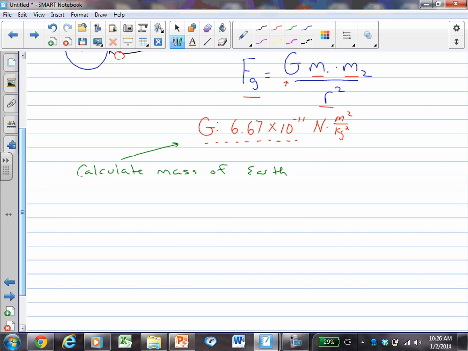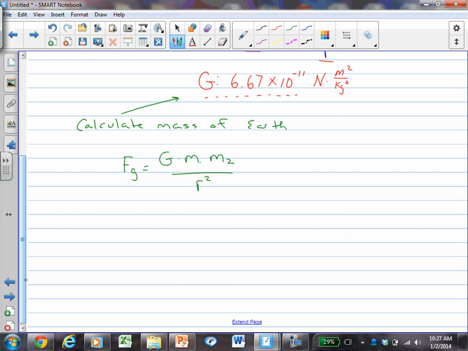So in our formula, Fg is big G m1 times m2 over r squared. Well, in this case, let's take any mass object. The radius of the Earth is known, which was 6.4 times 10 to the 6 meters. So we know that.